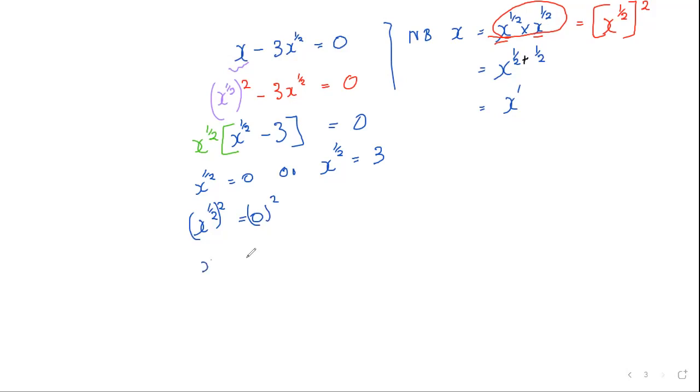I will have x equal to 0. And on the right hand side here, this is equal to 3. If I square, x will equal 9.